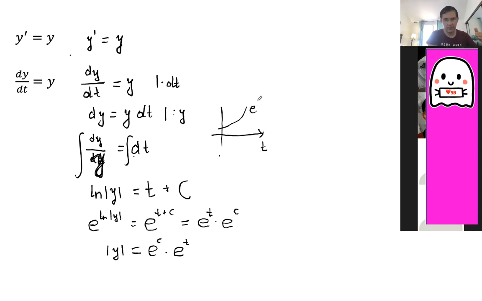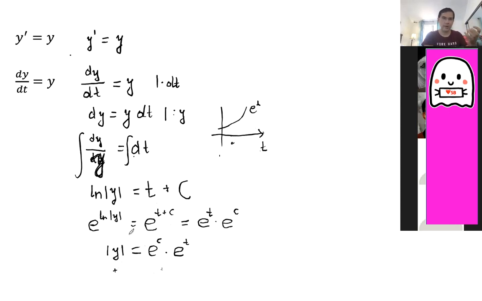So this is a positive number. And notice that no matter what c was, e to the c is also a positive number. The left-hand side is an absolute value, so it's positive. So the left-hand side is positive, and so is the right-hand side. It makes perfect sense. But now when I want to solve this equation for y, this is an absolute value of y.